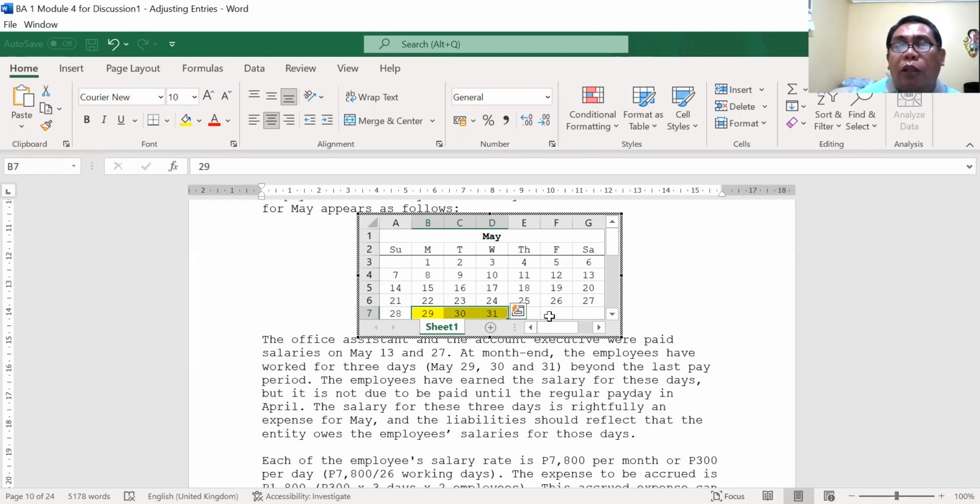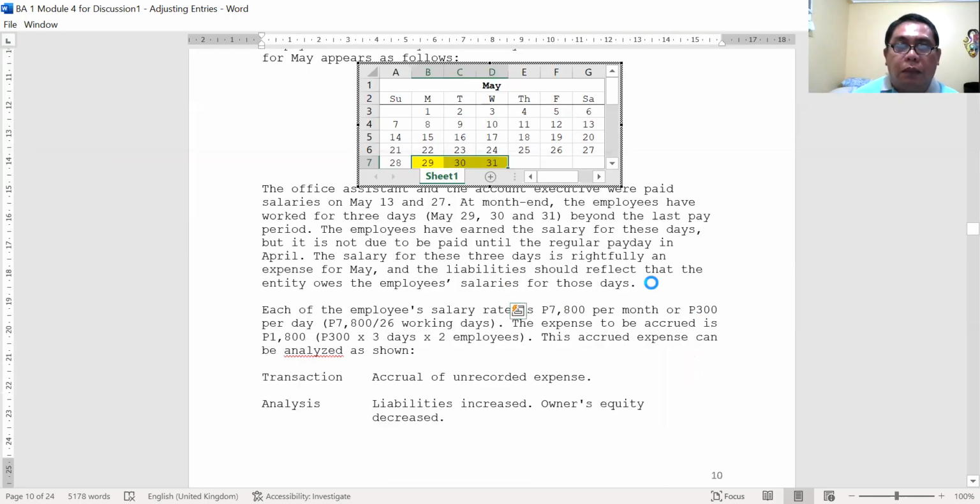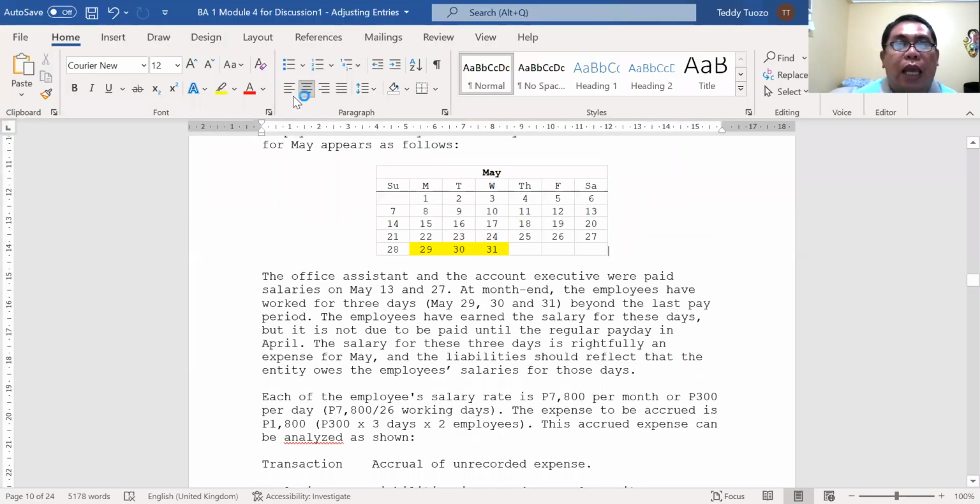If our preparation of financial statements or adjusting entries is at the end of the month of May, or May 31, then it is accrued because it can still be paid later, on the June payday. That is your accrued salaries for 3 days.